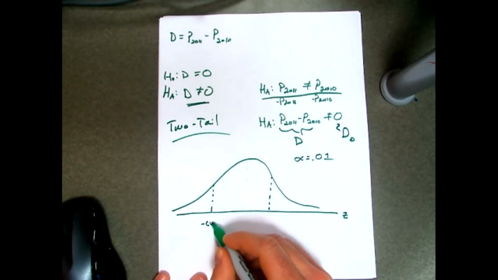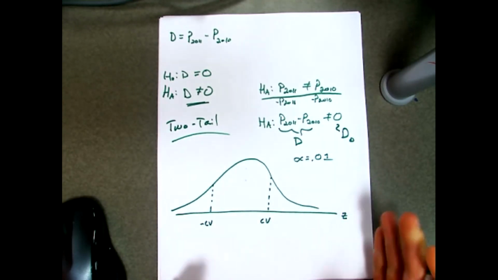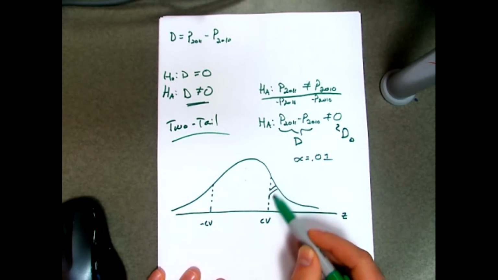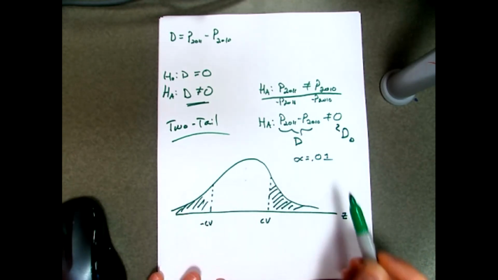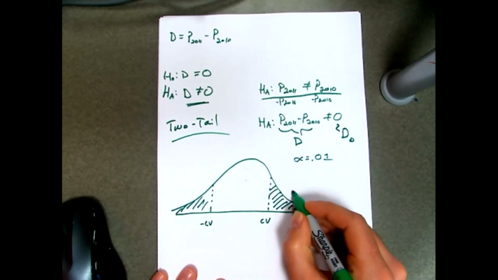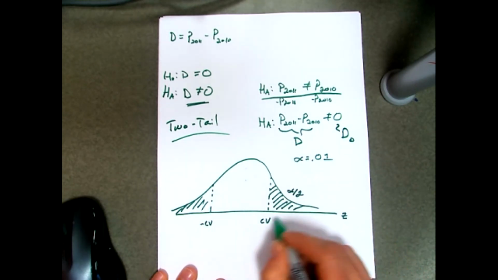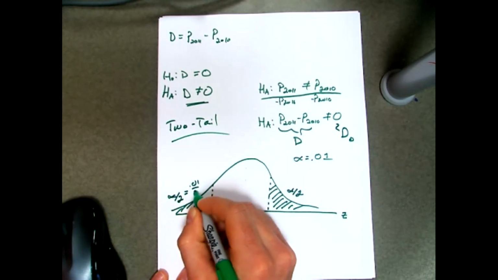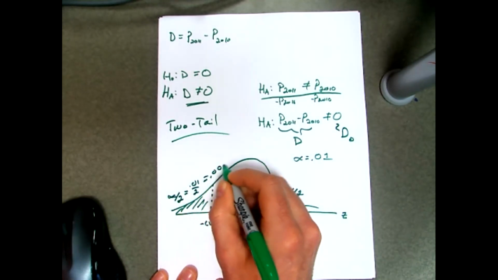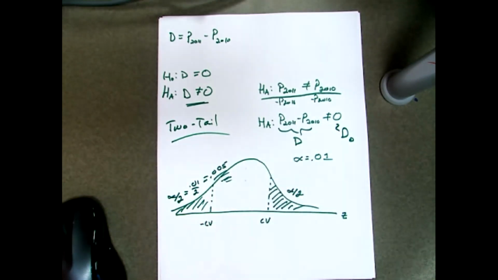So I'm looking for the critical values that are my threshold number of standard deviations away that give me a total of alpha in my tails. Well, if there's alpha total in these two tails that are of equal size, I have half of alpha in each tail, or 0.005 in each tail.